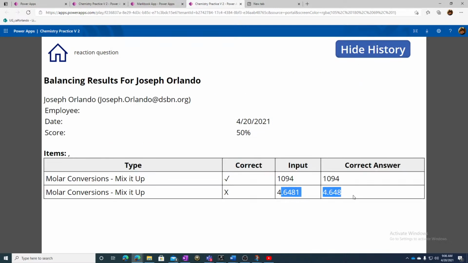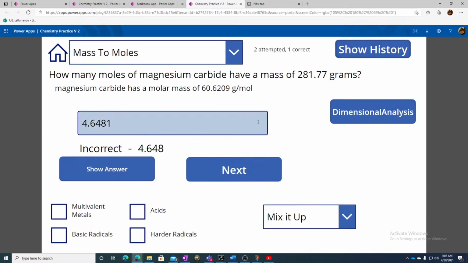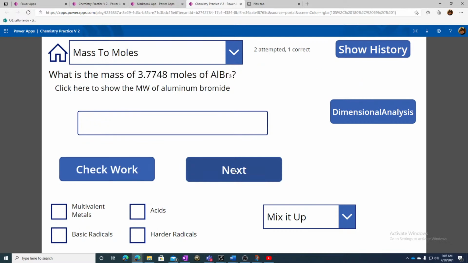If I saw that, I wouldn't give you a hard time. That's some bad coding on my part, and there'll be plenty of that. Anyway, if you do have an issue like this, don't stress about it, especially for now. That's a right answer. I'm still working on some of the coding. I need to update the dimensional analysis thing here.